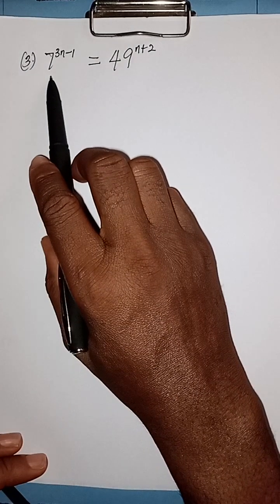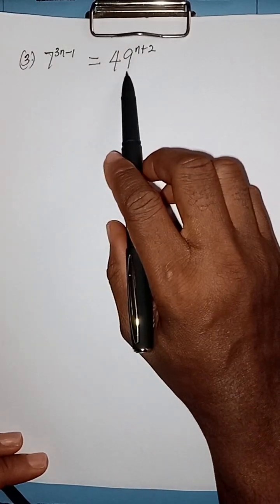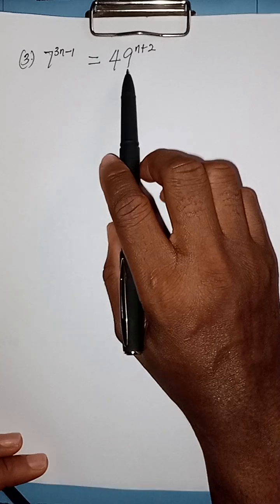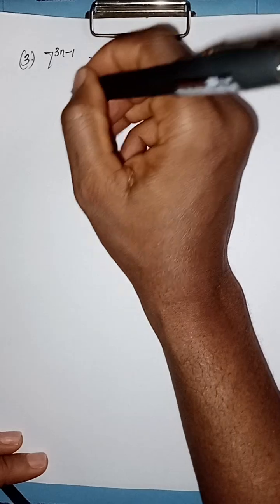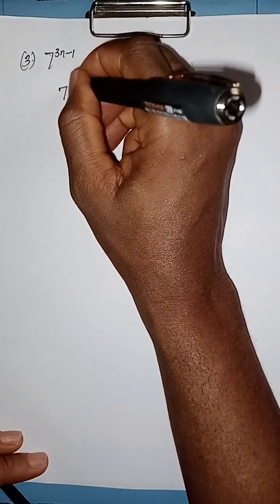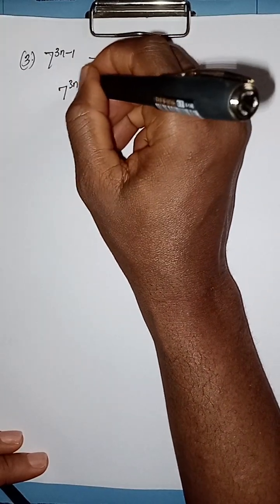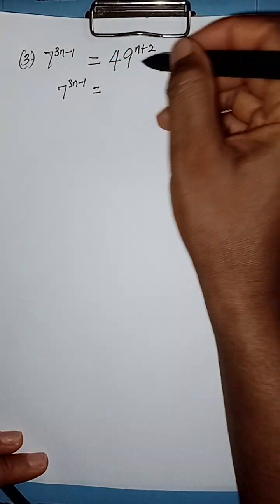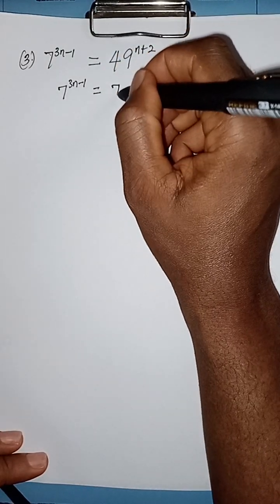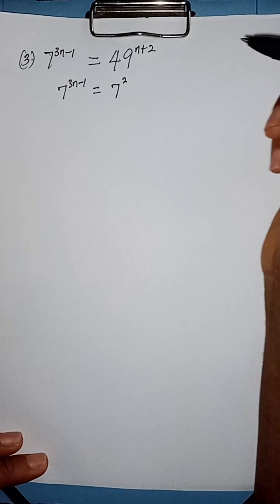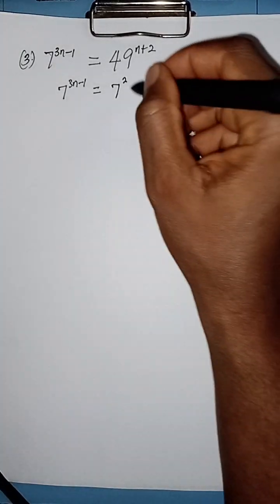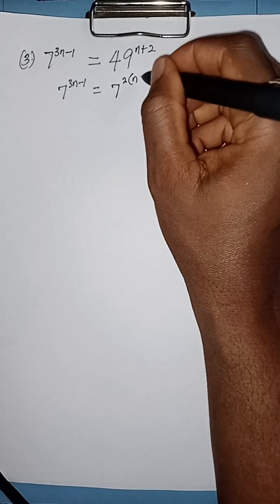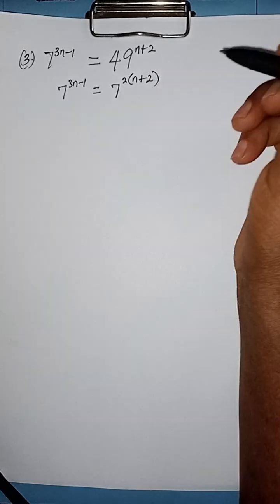Here it's already 7, so it's easier for me to express the one at my right hand side to have 7 as its base. So this will be the way it is. Then you express 49 as 7 raised to power 2. 7 raised to power 2 is 7 times 7, that gives you 49. So you open a bracket for n plus 2.